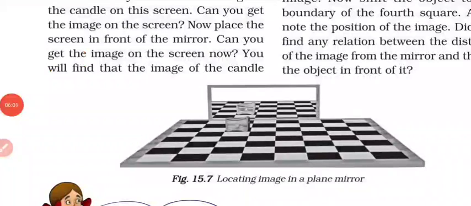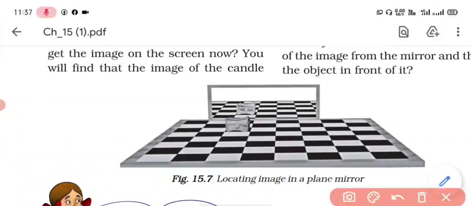Now again we have to perform an activity. In this we need a chessboard. At the end of this chessboard we are placing a mirror which is perpendicular to the chessboard. Now on any box, for example on this black box, we place an object.